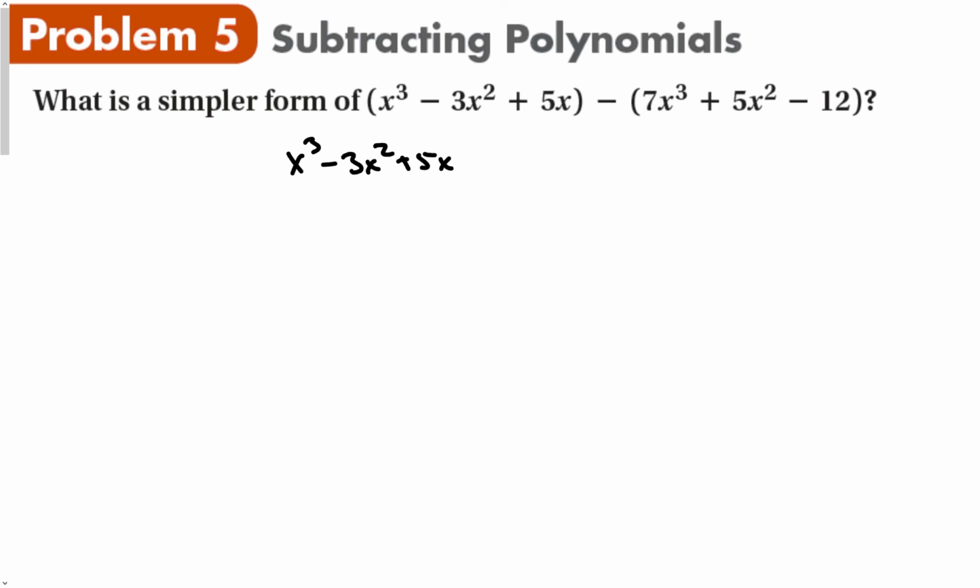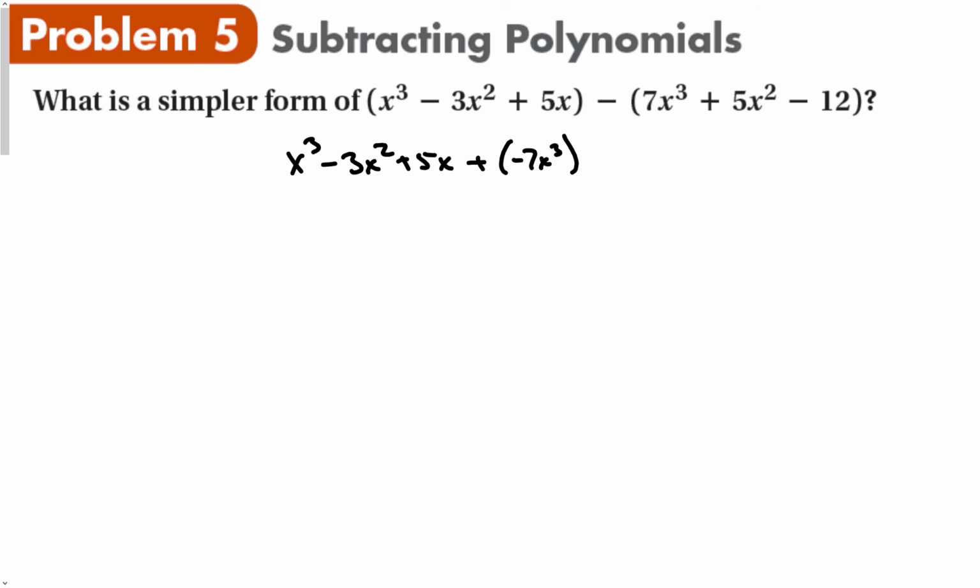Now, to subtract the polynomials, I'm going to add the opposite. So I'm going to put a plus. I want the opposite of 7x to the third. So that's a minus 7x to the third.